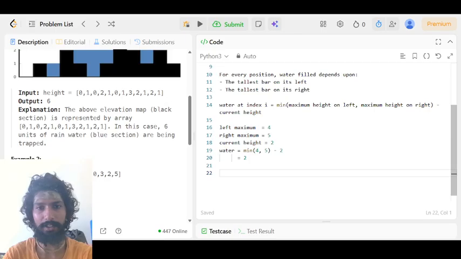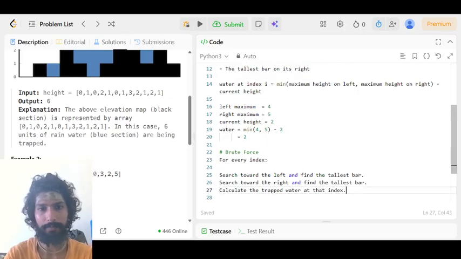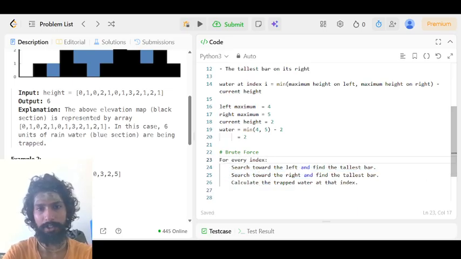Now let us discuss the brute force approach. So for every index we can do these three things. Search towards the left, search towards the right and find the tallest bar, and calculate the trapped water at that index.